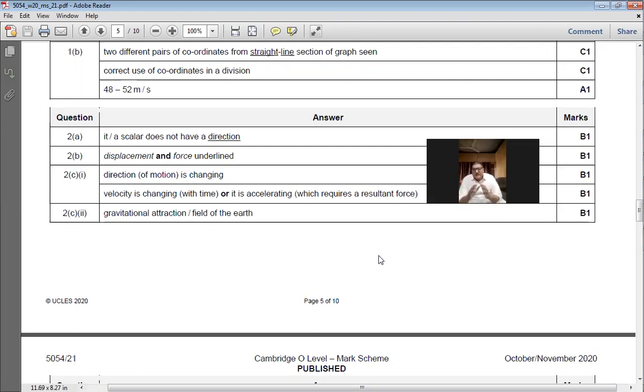I hope you can write better sentences, but these two points should be included: the direction of motion is changing and the velocity is changing, which means acceleration, and when a body is accelerating, it requires a resultant force. It's a 2-mark question.